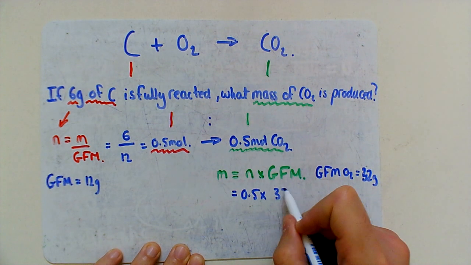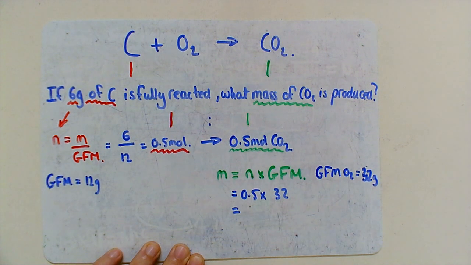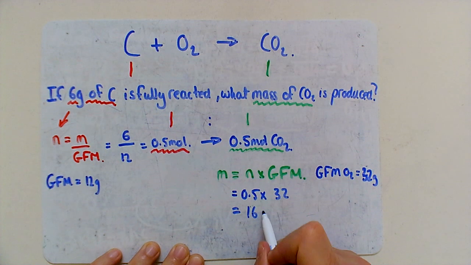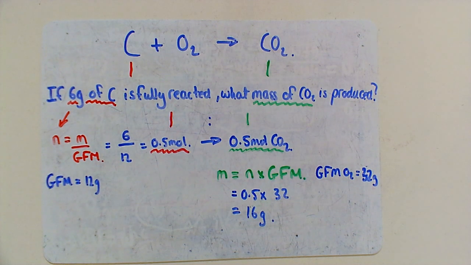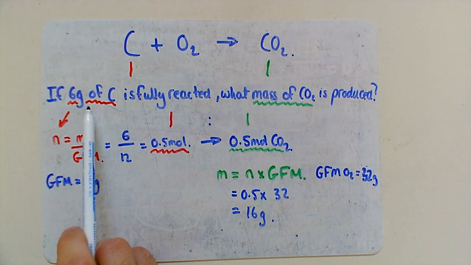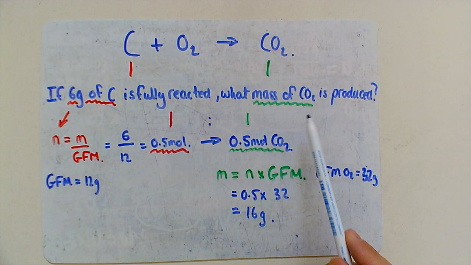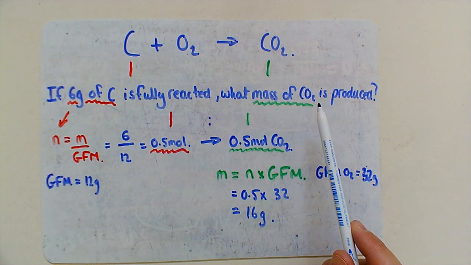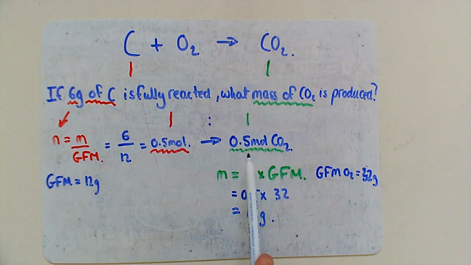The GFM is 32, and half of 32 is 16 grams. So in this question they asked for mass and then said what is the mass produced. It doesn't mention moles, but we need to use that molar ratio in the middle so that we can relate quantities of chemicals to one another.